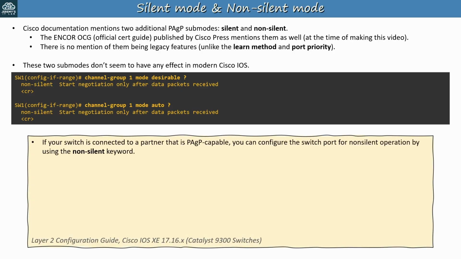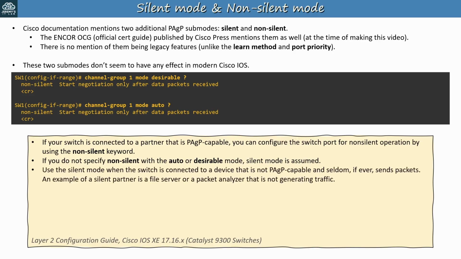If your switch is connected to a partner that is PAgP capable, you can configure the switch port for non-silent operation by using the non-silent keyword. If you do not specify non-silent with the auto or desirable mode, silent mode is assumed. Use the silent mode when the switch is connected to a device that is not PAgP capable and seldom, if ever, sends packets.